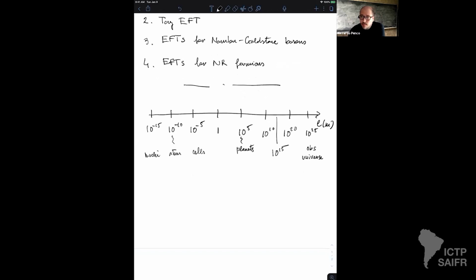Instead, because all these phenomena are spread out over different scales, there is actually a basic trick that we use over and over again in physics. And that is that if you're interested in a phenomenon that takes place, say, at some energy scale E, then you can, in a first approximation, take all the scales that are larger than that characteristic energy and send them to infinity.